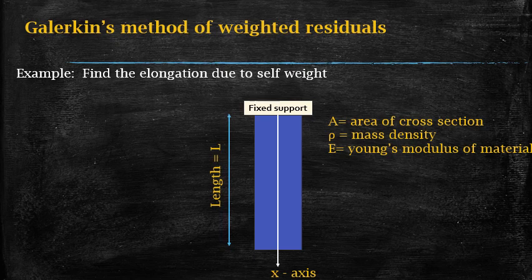A is the area of cross section, rho is the mass density, the material Young's modulus is E, and the total length of the bar is L. Now using Galerkin's method of weight residual, you have to find the elongation of this bar, which is fixed at the top.